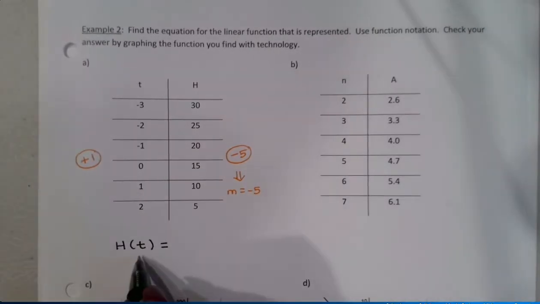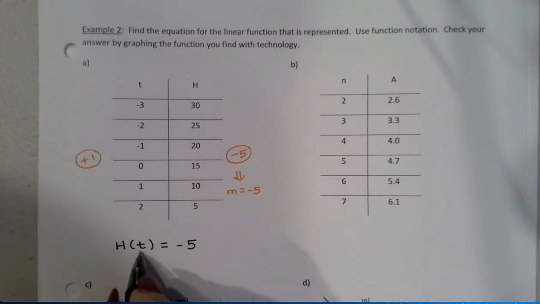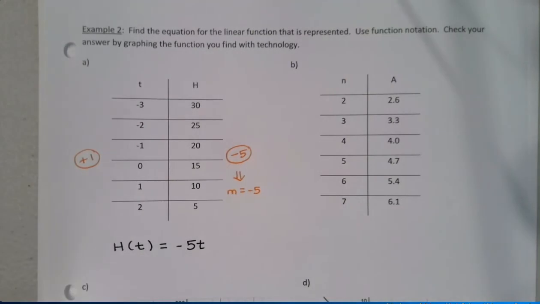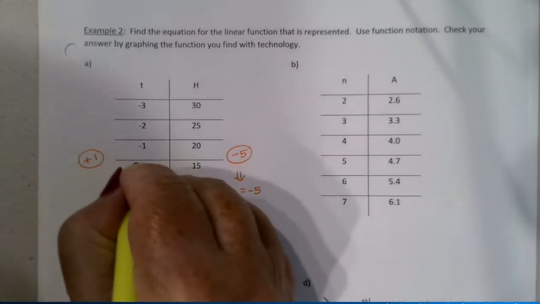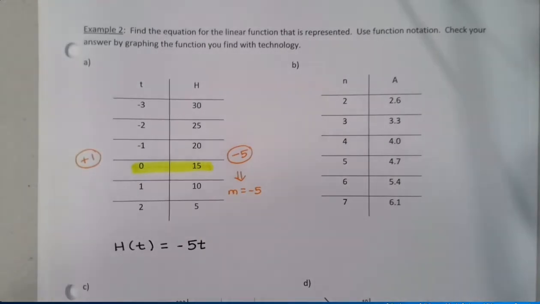So down here in my equation, I'd have negative 5, not x this time, but t for my input variable. Now the b is the y-intercept. And I've got that right here. When the input is 0, the output is 15.